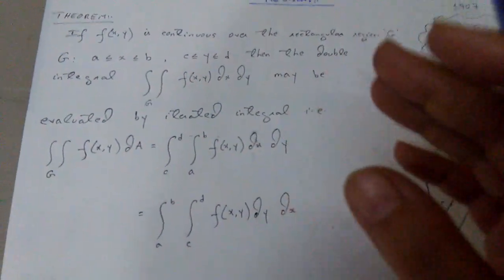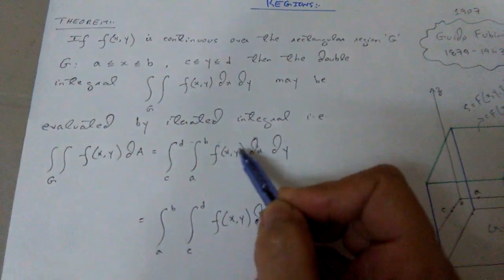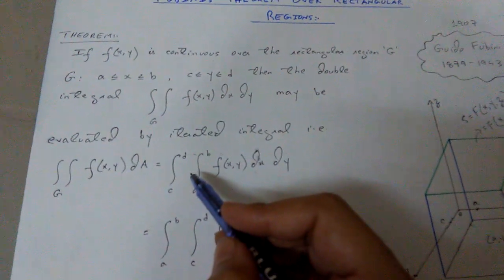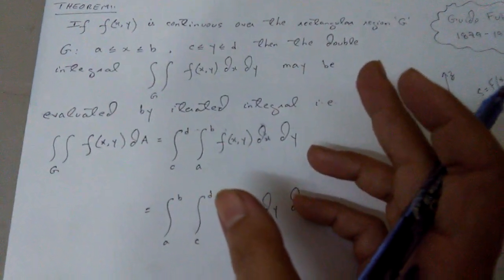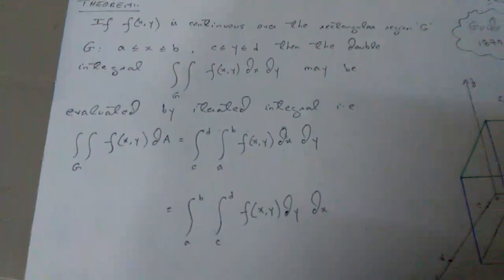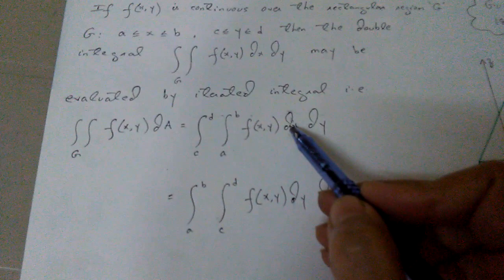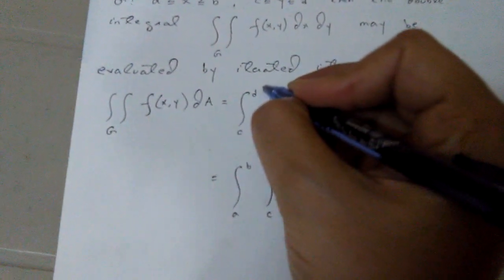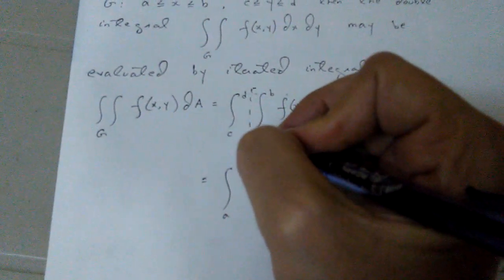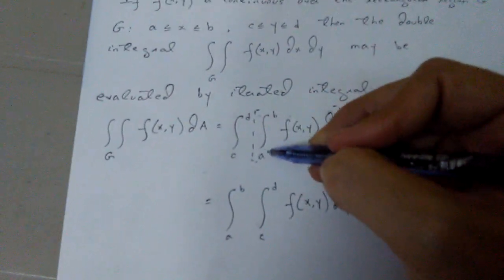So if you are planning to integrate this bivariate function keeping y fixed, or keeping y as a constant, and you integrate your bivariate function with respect to x, then you are going to simplify, or work on this integral first.